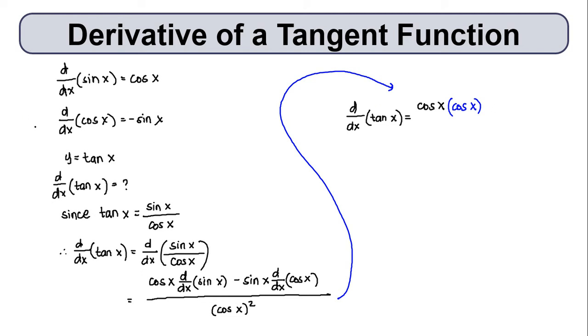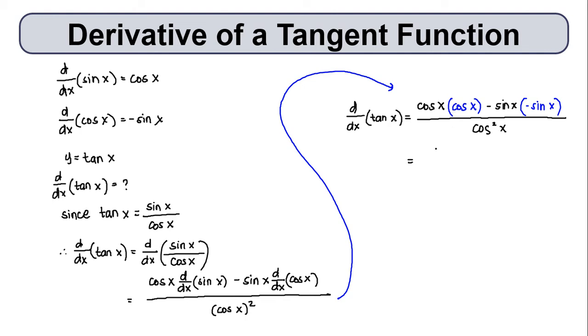Right? Minus sine x times the derivative ng cosine x, which is negative sine x. Okay, so sinasagutan ko lang muna yung derivative, ha? Divided by cosine squared x. So, simplify pa natin itong mga to.